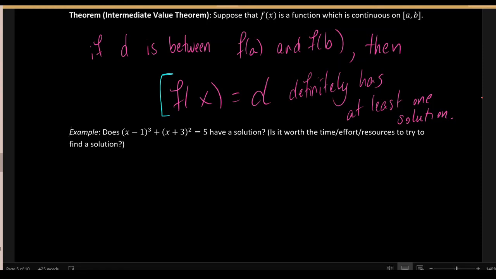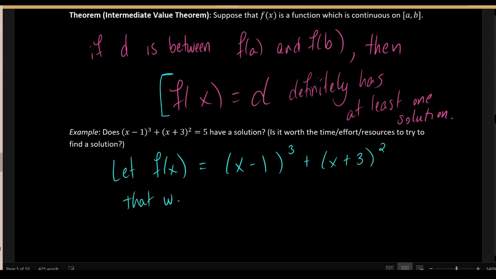So the intermediate value theorem is being expressed in terms of a function of x equaling a constant. Currently, my equation doesn't have a function in it, but what I'm going to do is just use function notation in this problem. I'm going to let f of x be a stand-in for this big mess containing the x's on the left side.